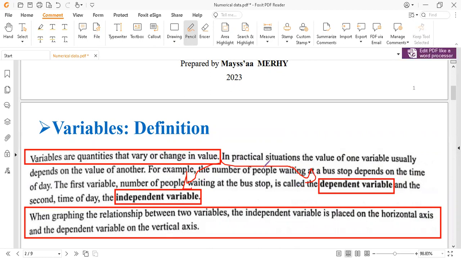We can't go back in time. We can't go faster in time. So it has a natural flow. We have a variable that depends on time, and time is most of the time used as the independent variable.